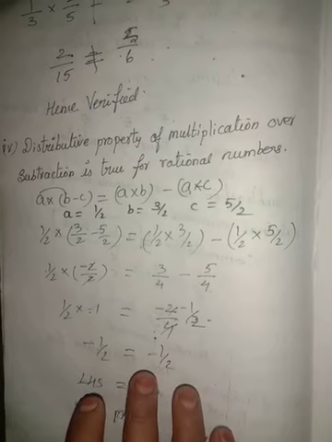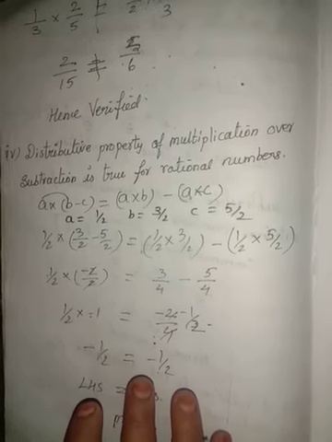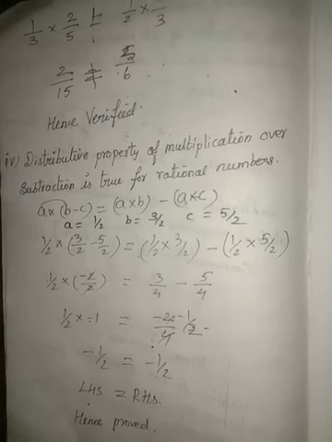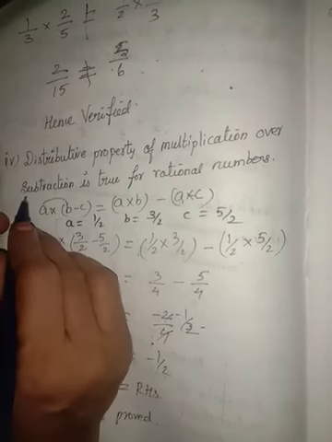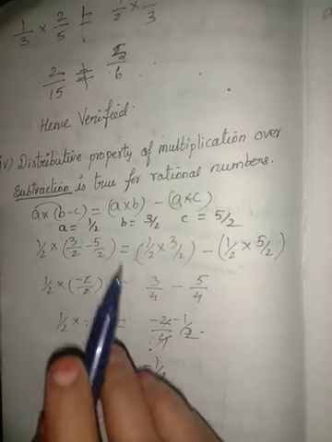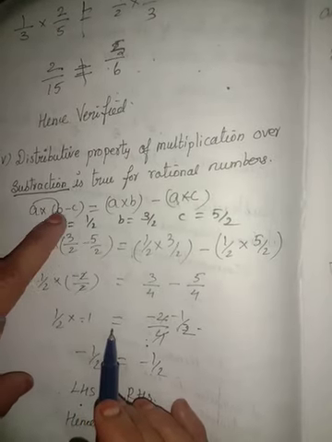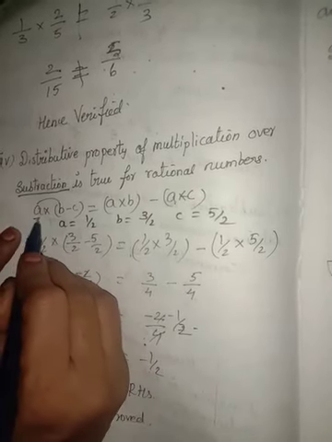We have done a sum like this when I started the rational number chapter. I explained through addition. Now we are asking about subtraction. So what is the distributive property of multiplication over subtraction? A cross (B minus C). A is a distributor.